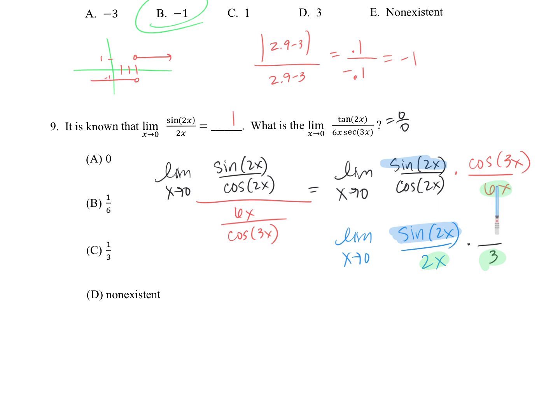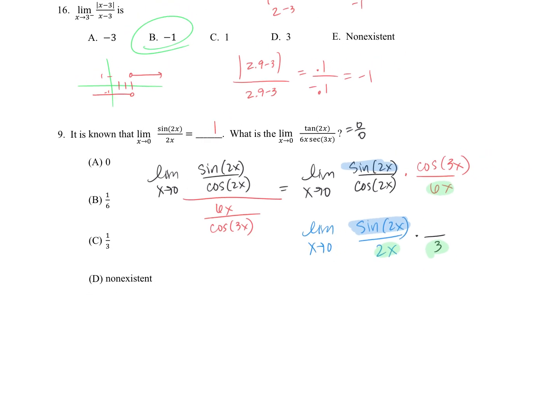I'm taking this 6x, putting it under my sine of 2x, but just breaking it apart a little bit. So I've got that 3 still down here, and then I still have a cosine of 2x on the bottom and a cosine of 3x on the top.